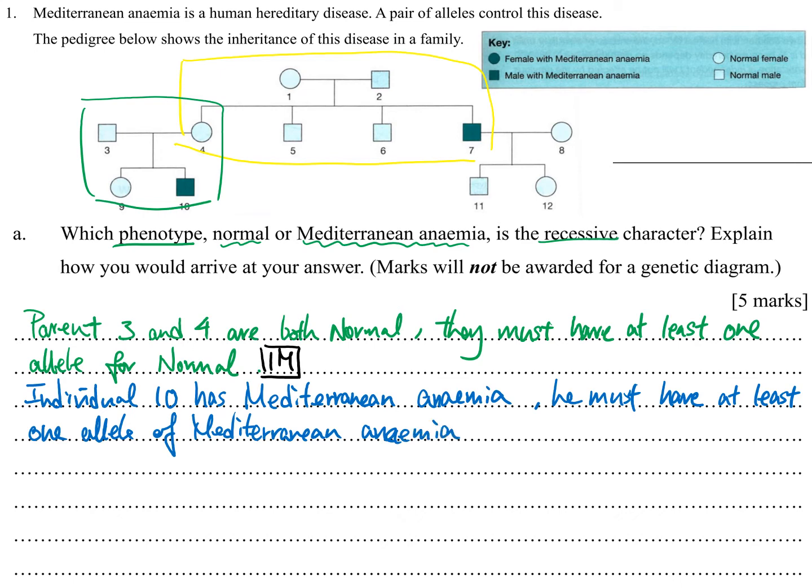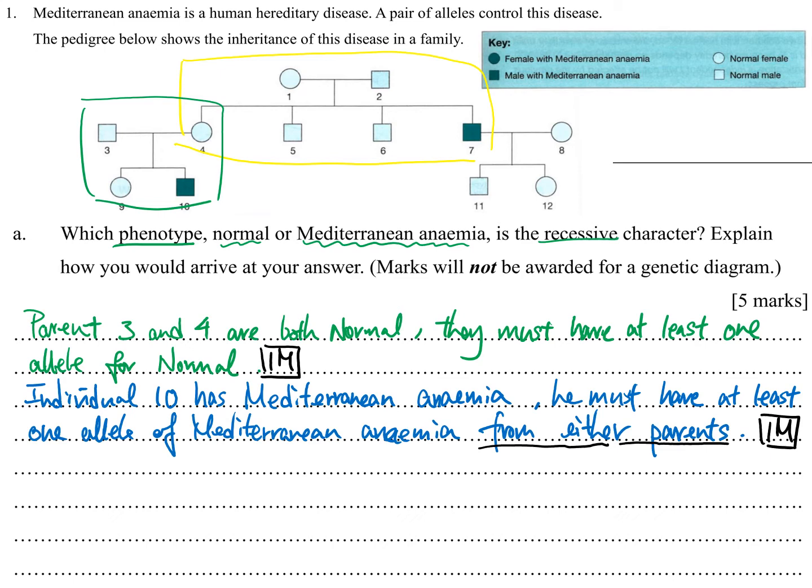And this allele, it must come from either parent. So you get the second mark. It's from either of the parents. And then what should you tell?